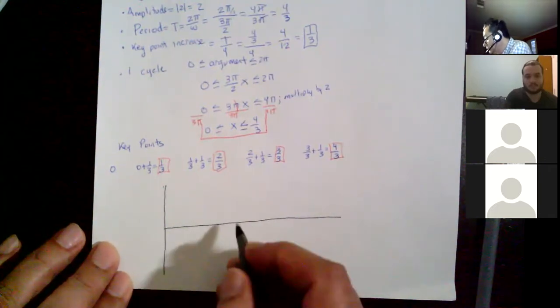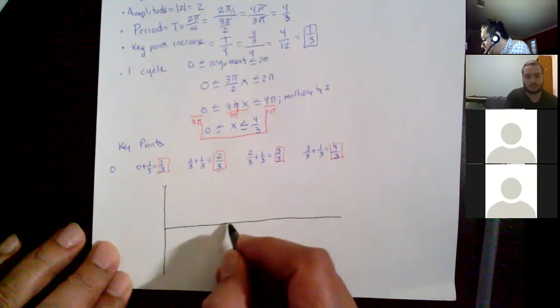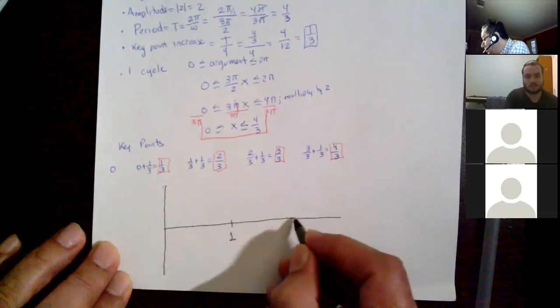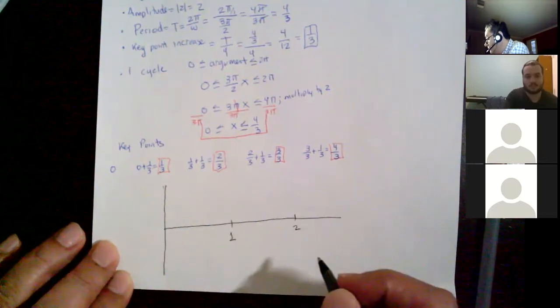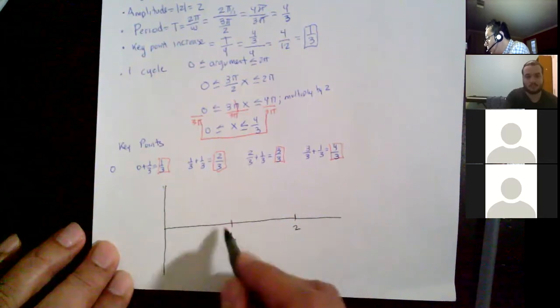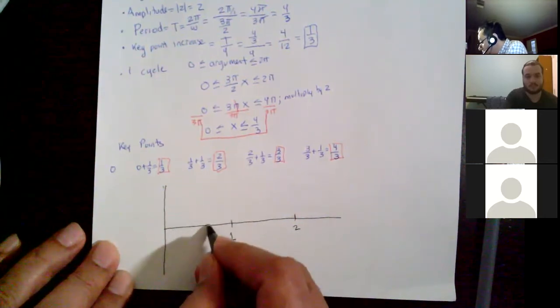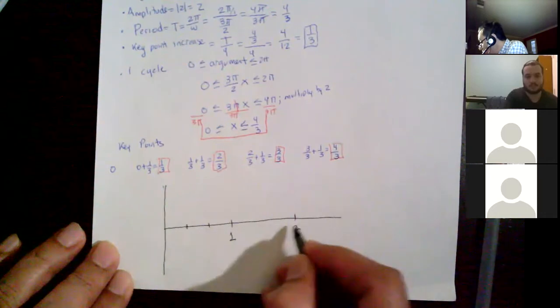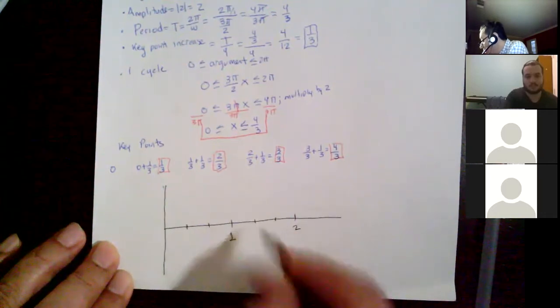So if this is 1, and let's say this is 2, you guys, we're gonna partition the whole into thirds. So let's say that I partition each whole into thirds.